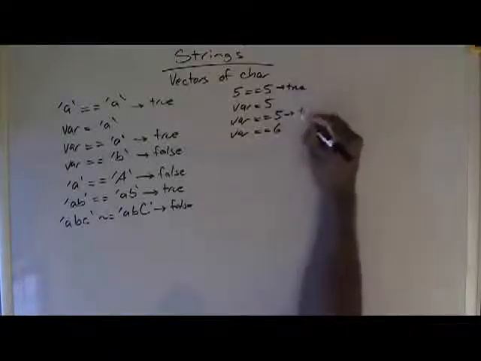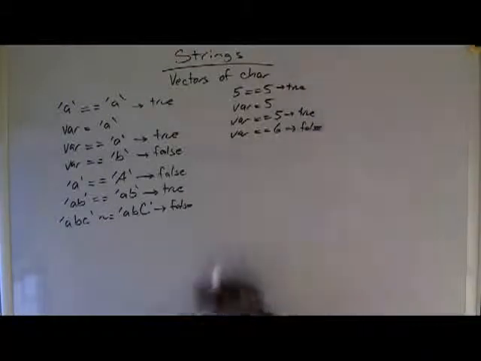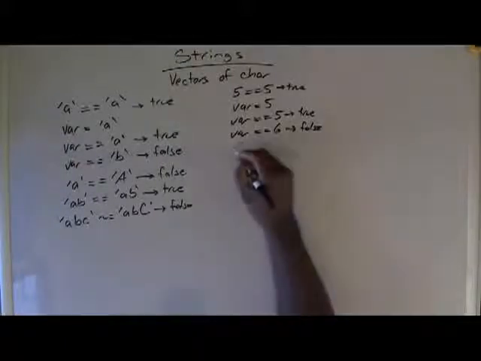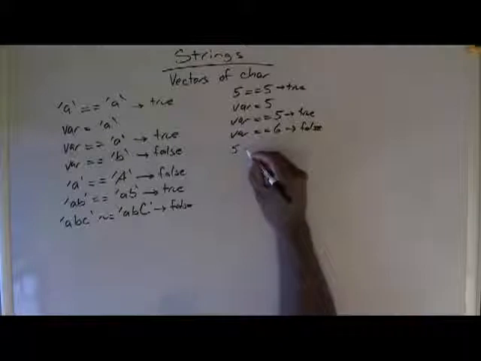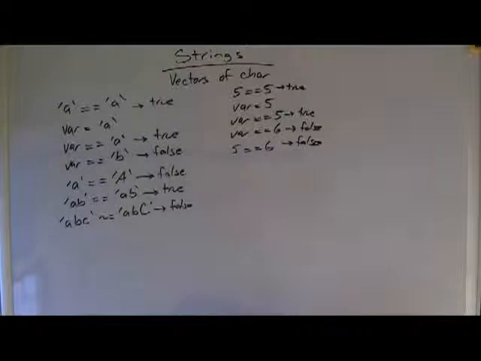This would be true here. And this would be false here. Then I could say, of course, does 5 equal 6? Once again, that's false. So a lot of the same things on both sides.